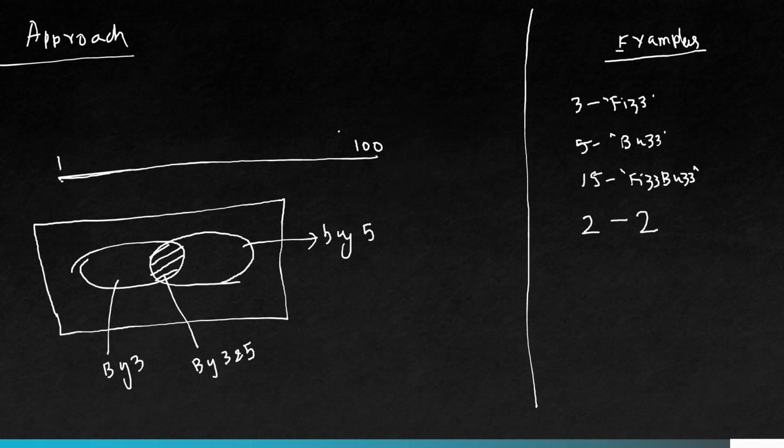So do you see these two sets overlap here? This range, the shaded region, belongs to both numbers divisible by 3 and numbers divisible by 5. And all the space outside represents numbers that are not divisible by 3 or 5, like 2, 7, etc. Right?